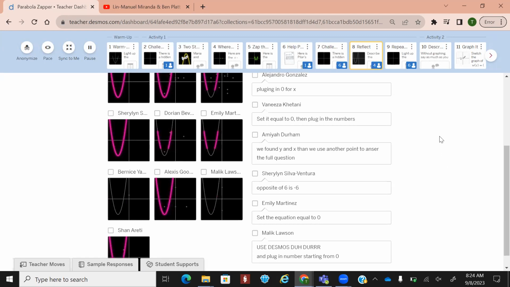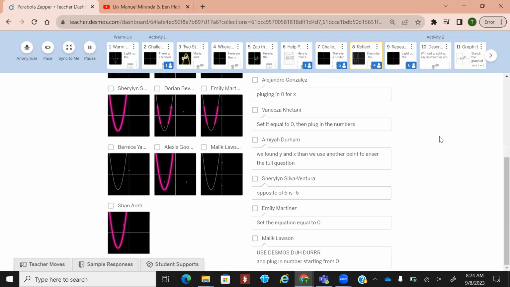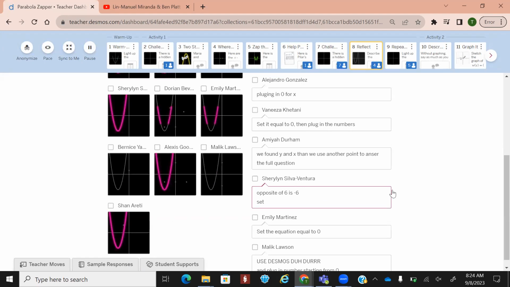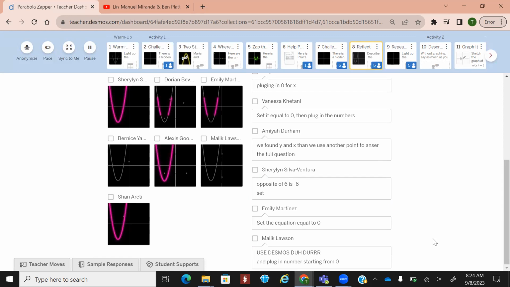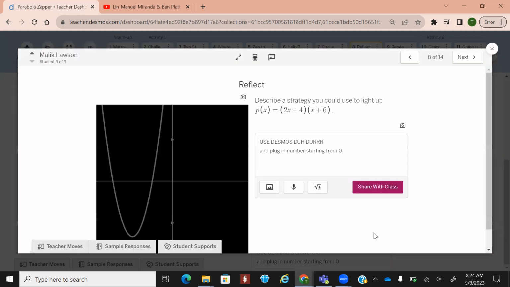I did 2x plus 4 equals 0. I subtracted 4 and divided by 2. And then I got -2, 0 for the first one. And then I did the same process, and I got -6, 0.